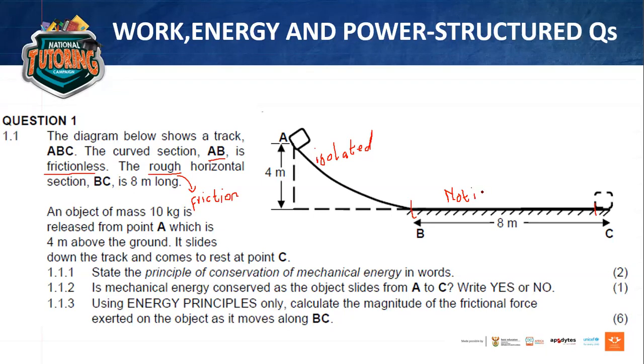The system is not isolated altogether. So these are amongst the most important notes that you need to keep as you are reading the question and trying to digest the scenario that you are dealing with. You make notes, and you will see once there's more notes on your diagram, it will become easy for you to understand what is going on.